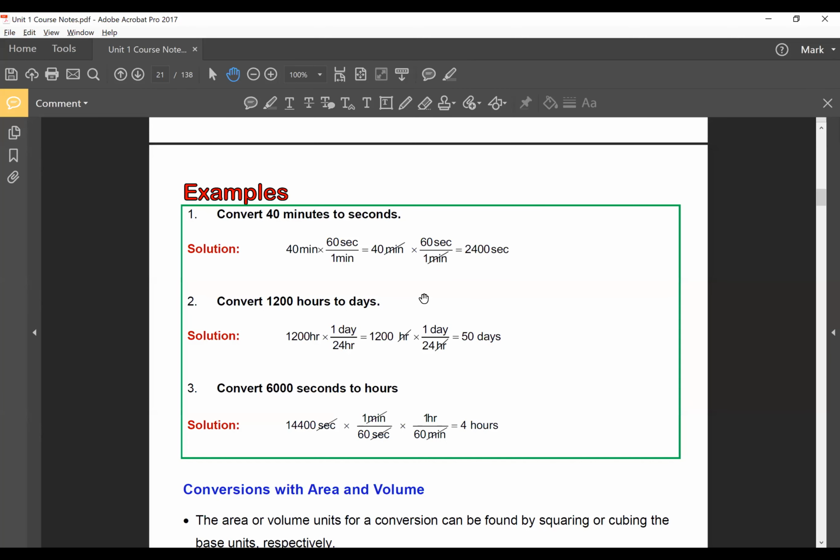All right, so the examples obviously start pretty easy with the time conversions. Just note that these examples are using unit cancellation, not just multiplying by 60.